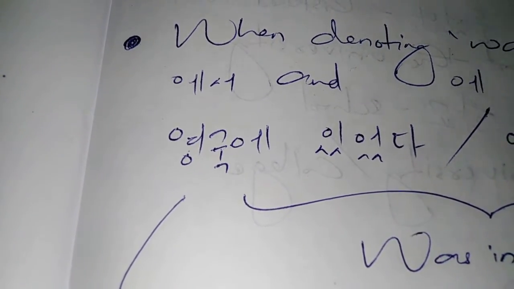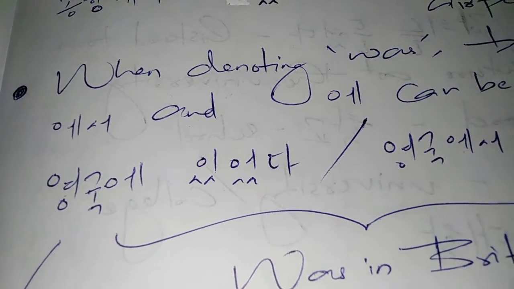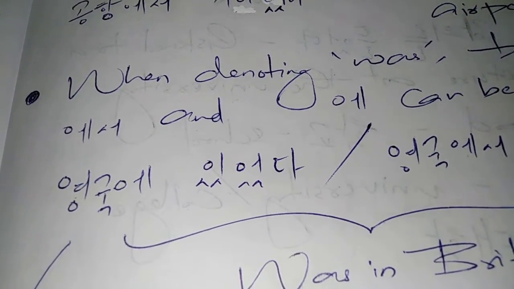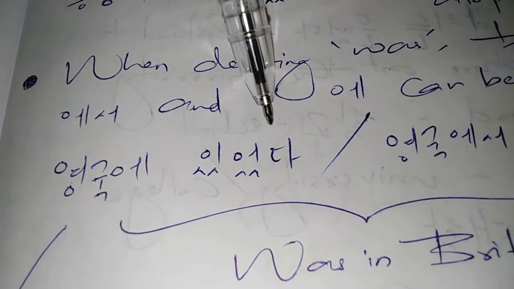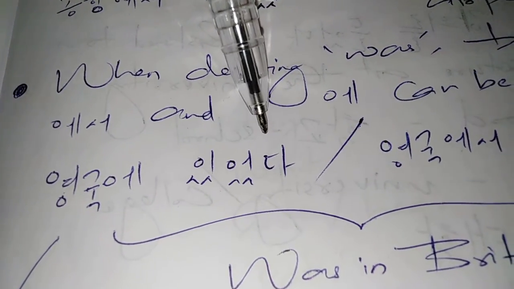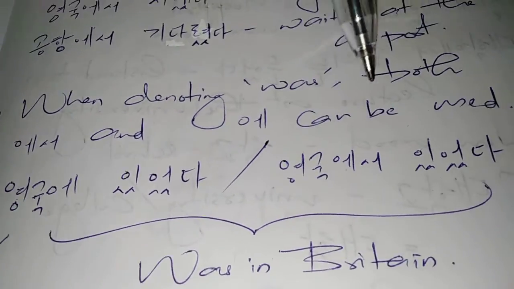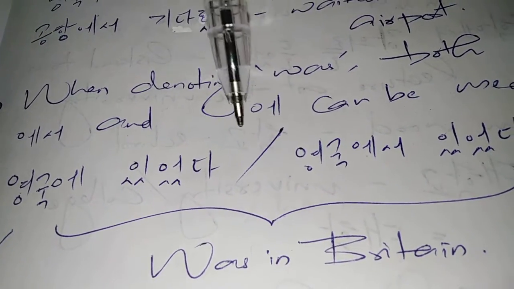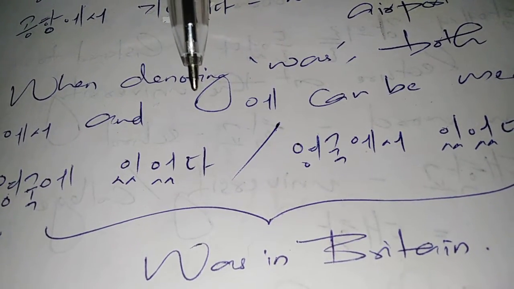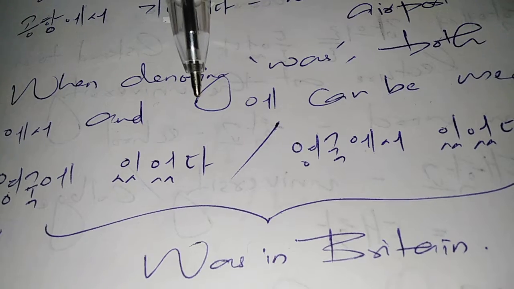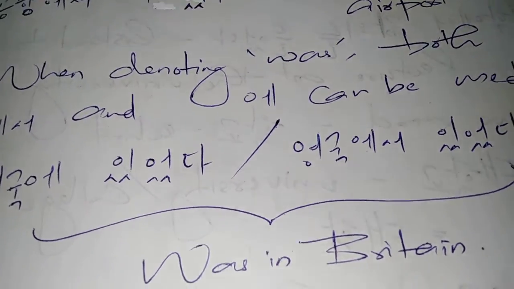When you're meaning to say something like that, be it 에 or 에서, it doesn't matter. Both of them mean the same. Suppose you're saying 영국에 있었다. 있었다 means just you were there, just that meaning. So was in Britain. 영국에서 있었다. 영국에 있었다. 영국에서 있었다. Both mean the same. And both are correct. And both would mean was in Britain.